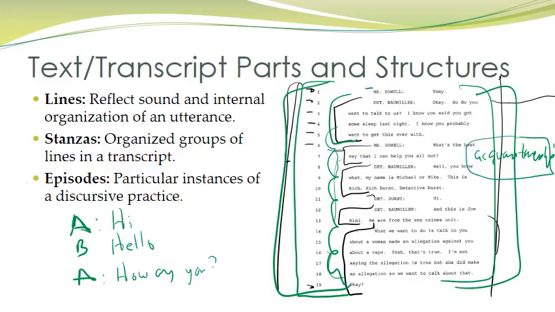Okay? Because when A says hi, B may not say anything, okay? So B says hello, A responding to B's hello ratifies B's response, you see? So A's hi is ratified by B. B's hello is ratified by A. So ABA is the classic foundational conversation adjacency pair is what we call it, okay?